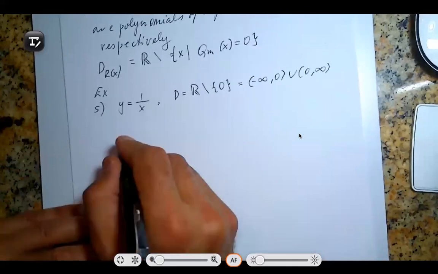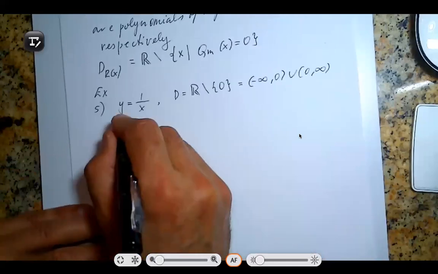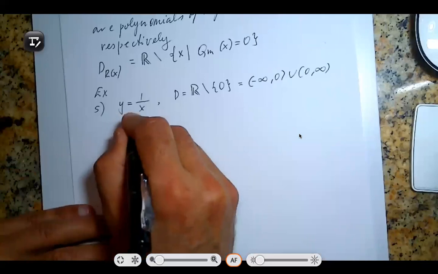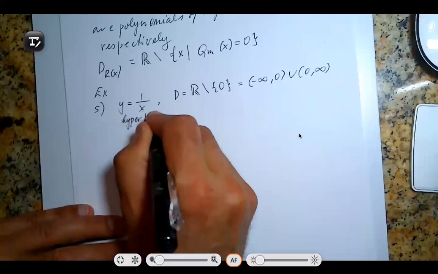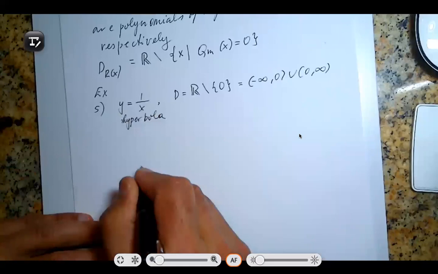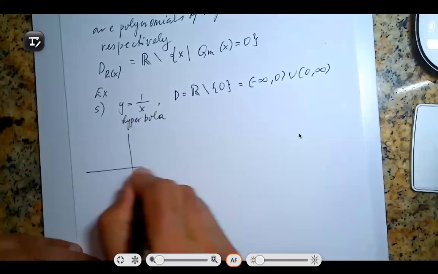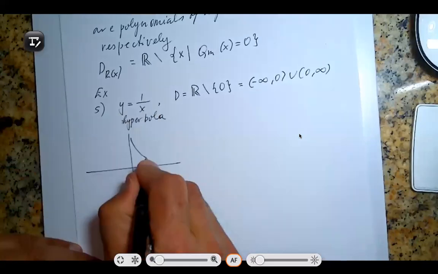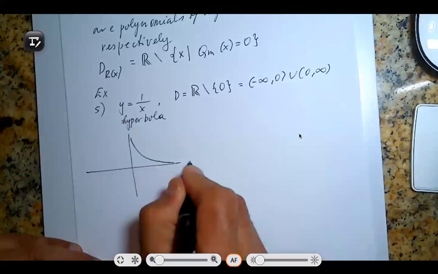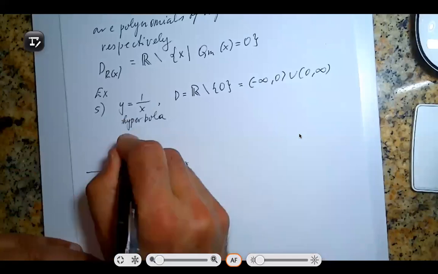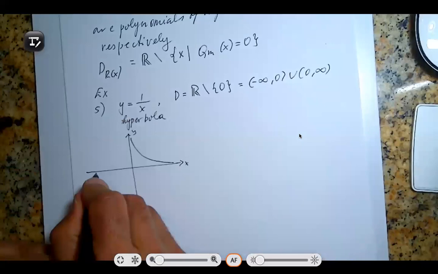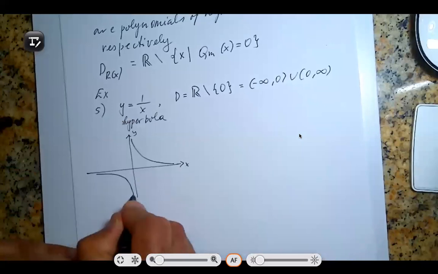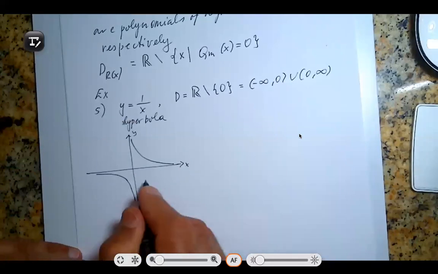You're throwing out a point from the number line. By the way, the graph of this is called a hyperbola. If you graph it, this is what you get. It goes forever, of course. The curves do not touch the x or y axes.